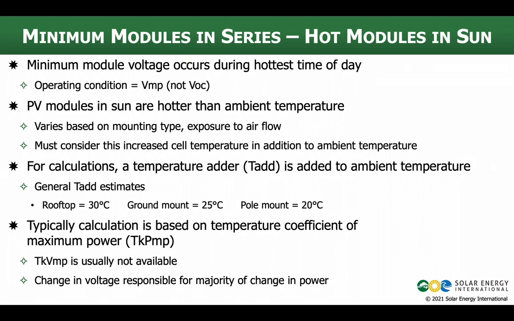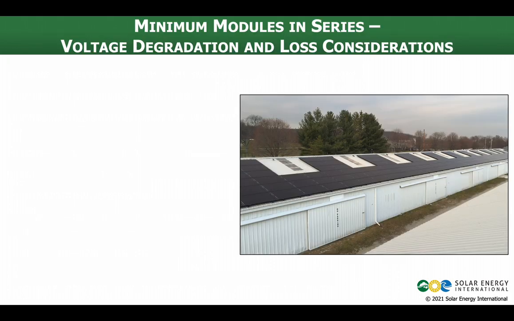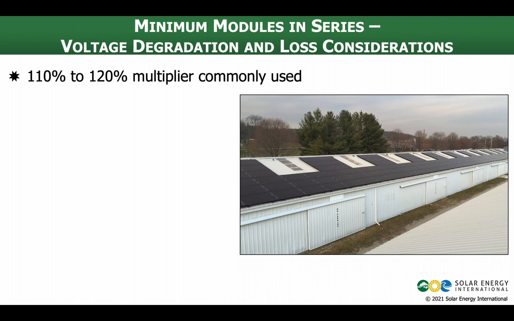How few can I have in series and still provide enough voltage to this inverter? Other things we want to think about, as I briefly mentioned already, voltage degradation and other losses. We're losing voltage because of heat. What other things are happening in the system that's going to cause us to lose voltage? In order to take that into account, what we normally do is we shoot for 110 to 120% of the inverter minimum.